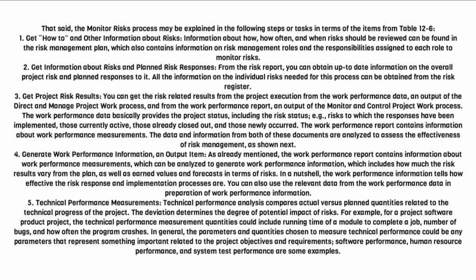As already mentioned, the work performance report contains information about work performance measurements, which can be analyzed to generate work performance information, which includes how much the risk results vary from the plan, as well as earned values and forecasts in terms of risks. In a nutshell, the work performance information tells how effective the risk response and implementation processes are. You can also use the relevant data from the work performance data in preparation of work performance information.